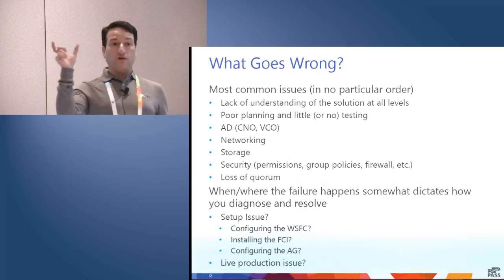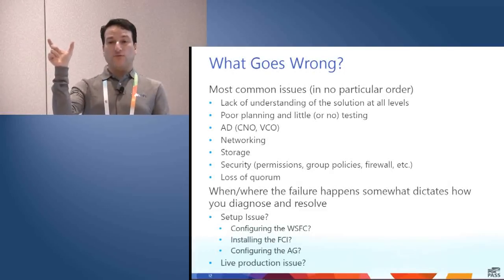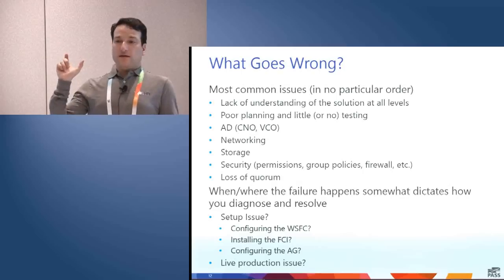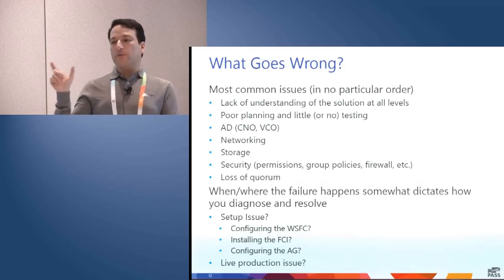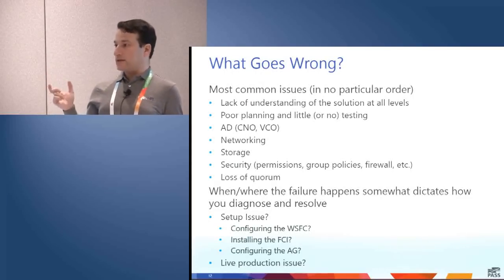In Failover Cluster Manager, it's basically going to have a warning saying, yeah, you're down to one node, lose something else and you're in trouble, buddy. So this is where you need to pop your head out of SQL Server land and start looking at things at the cluster level to see if you're in a good quorum state. That should be part of your normal monitoring techniques.